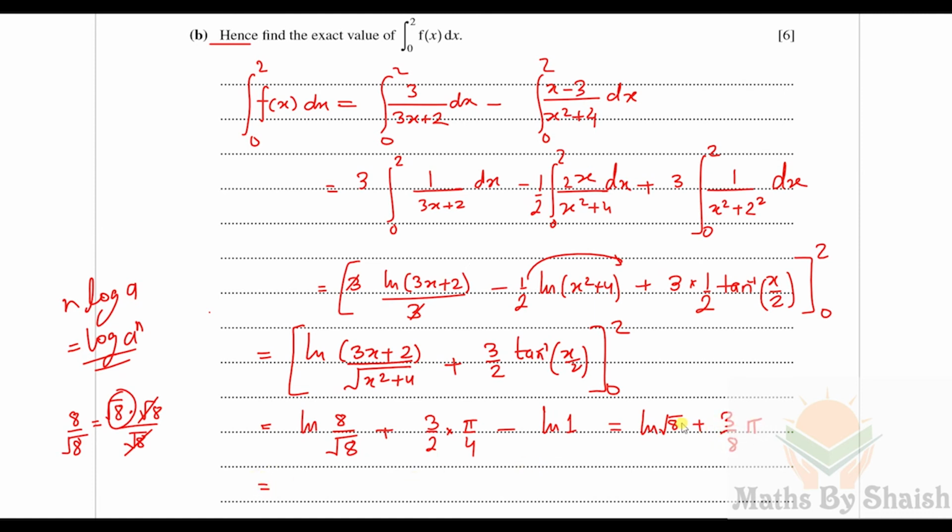And root 8 we can write as 2 raised to the power 3 by 2, so it becomes ln 2^(3/2) plus 3 by 8 π, and it is going to be 3 by 2 ln 2 plus 3 by 8 π, and that's the answer, the exact value of this.